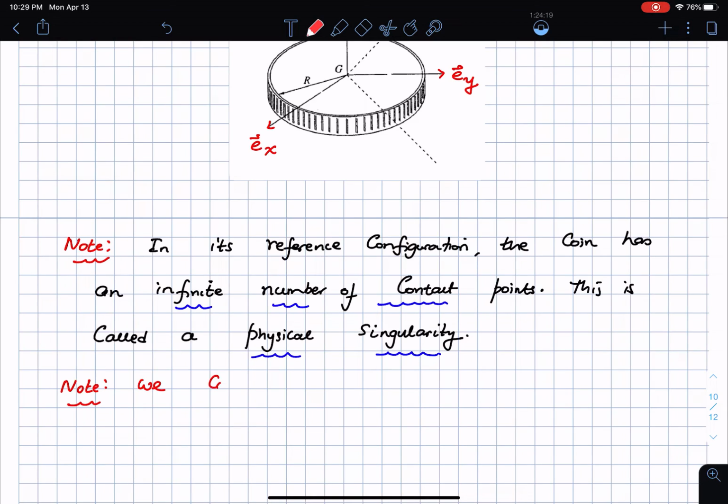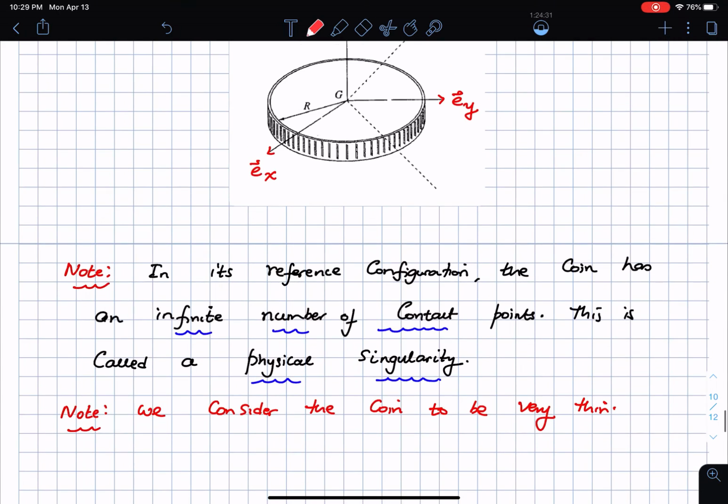The other note that I want to make here is that we consider the coin to be very thin. So we treat this as a thin circular lamina.